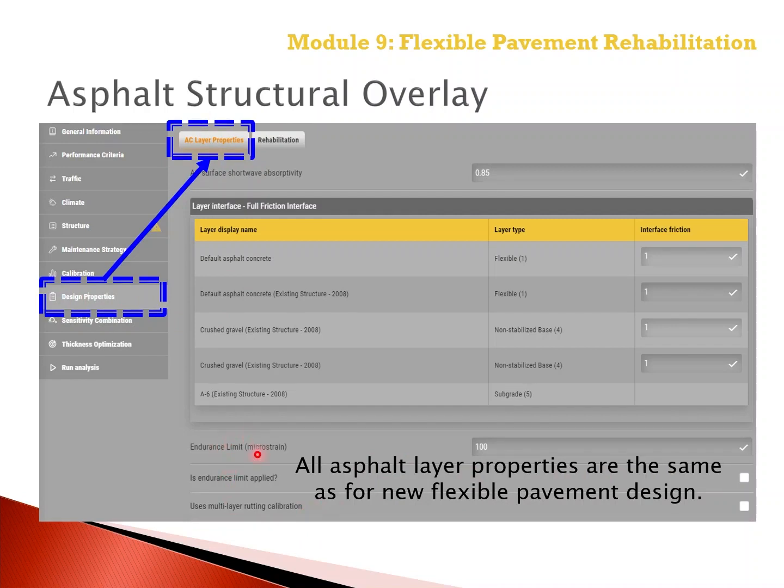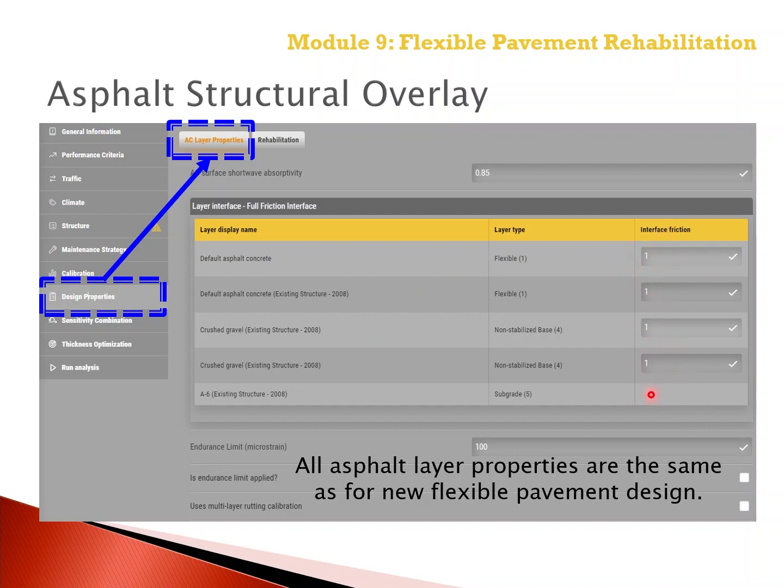The endurance limit and the multiple layer rutting calibration coefficients we discussed specifically in Module 4-4, and these are identical for the asphalt structural overlay under this module. And the layer interface friction between each of the layers is also the same as for new flexible pavement design.